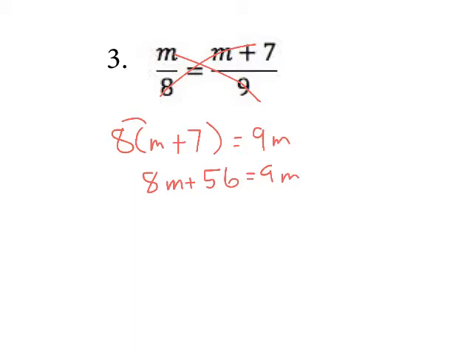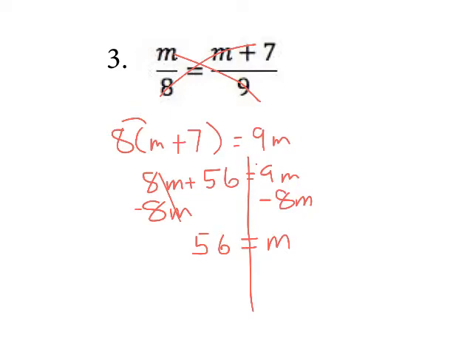I have variables on both sides, so remember it's important to know when variables are on the same side and you need to combine like terms versus when variables are on opposite sides and I need to do opposite operations. So my opposite operation here would be subtracting 8m from both sides. So I have 56 equals 9 minus 8 is 1m, or just m. And that's my final answer. M equals 56.